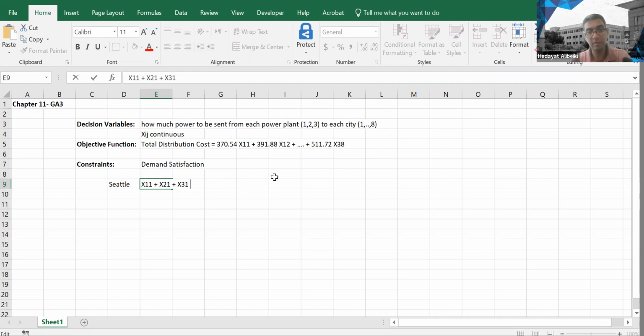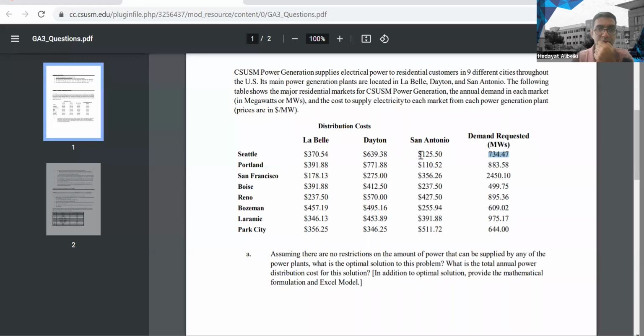What does this tell you? The left-hand side here, what is it? X11 is the amount that you ship or send from LaBelle to Seattle. X21 is the amount that you supply by, what was it, Dayton to Seattle. X31 is the amount that you send from San Antonio to Seattle.